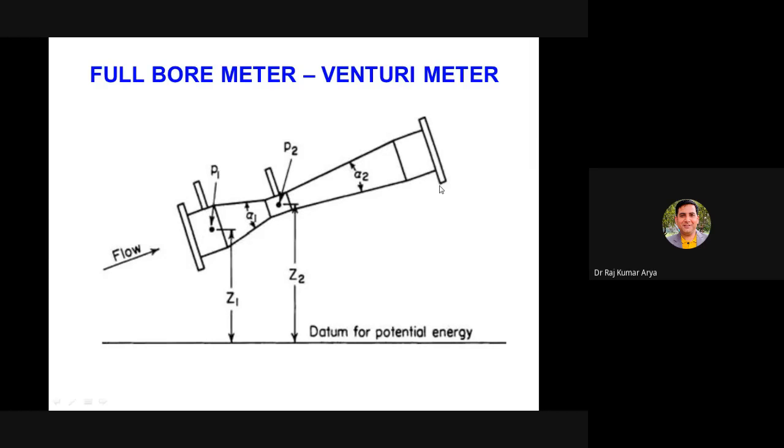These are fitted in the pipeline at a particular place where you want to measure the flow rate, and the diameter of the meter and the diameter of the pipe are the same. Therefore, these are named full bore meters. How it works and how to do the calculation, we will do in the next class.